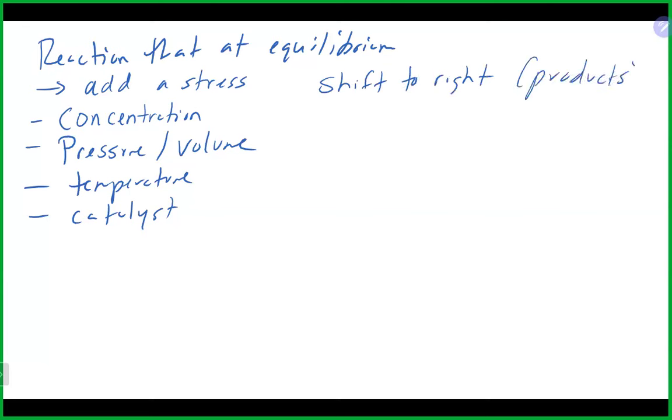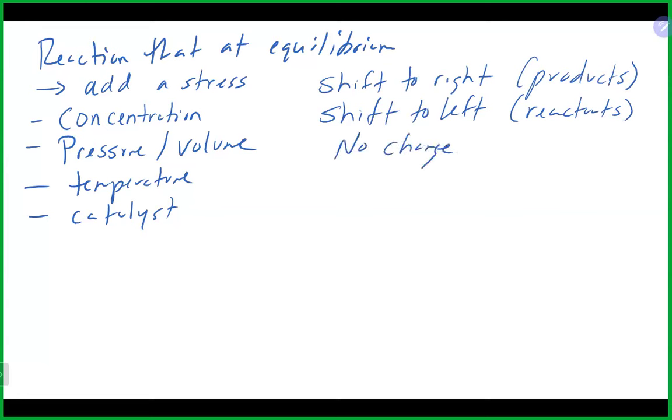So you need to make some more products to get back to equilibrium. It will shift to the left, which means you need to actually make more reactants when you look at the equation. And there's actually some stuff that even though you did something to it, will actually cause no change.